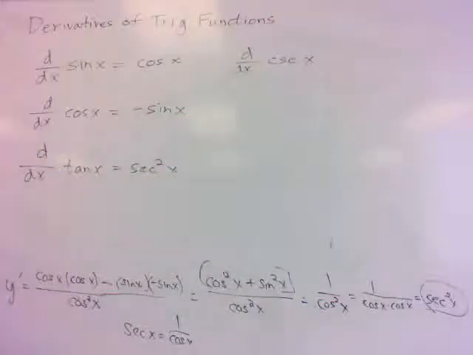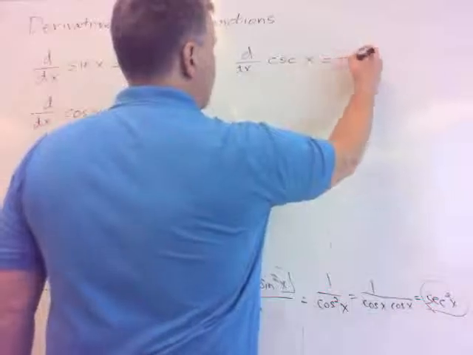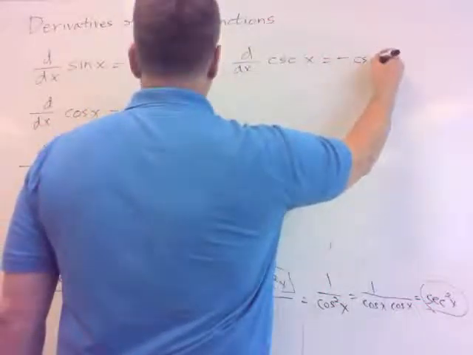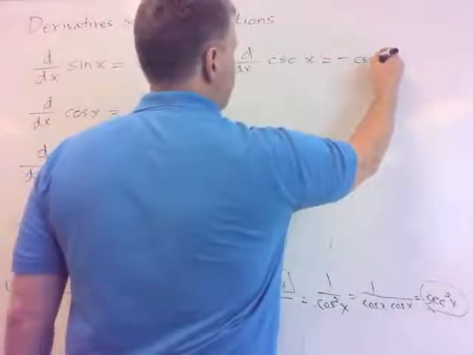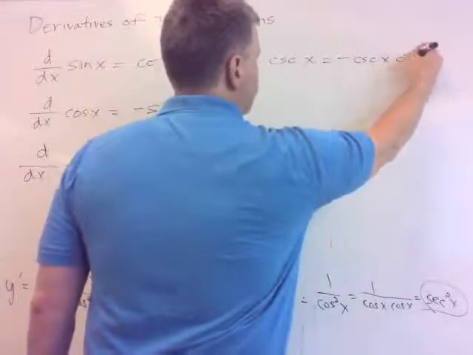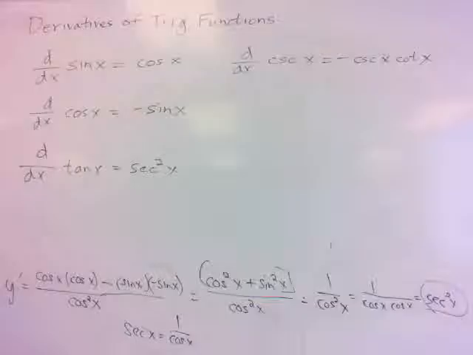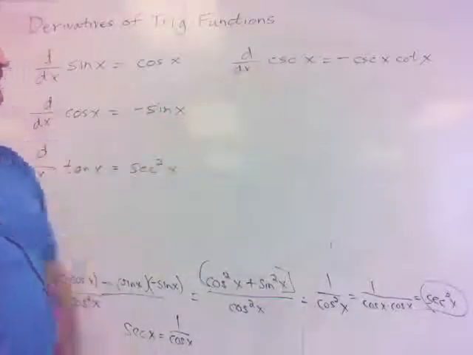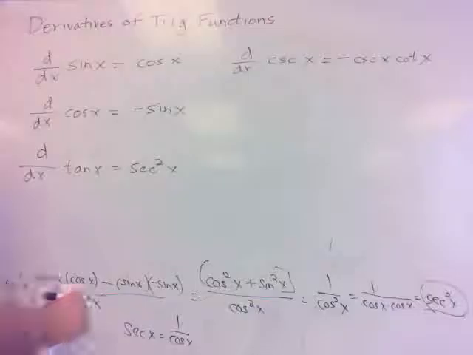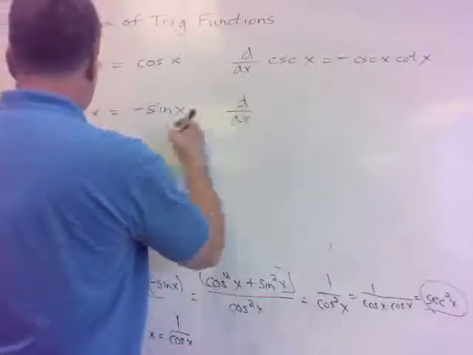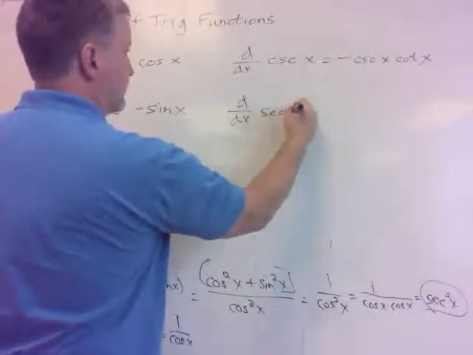Well, it turns out it is minus cosecant of x cotangent of x. Like I said, if you do this sort of thing with it, it comes out very similar. Use your quotient rule and all that. So that's the derivative of cosecant. It's minus cosecant cotangent.